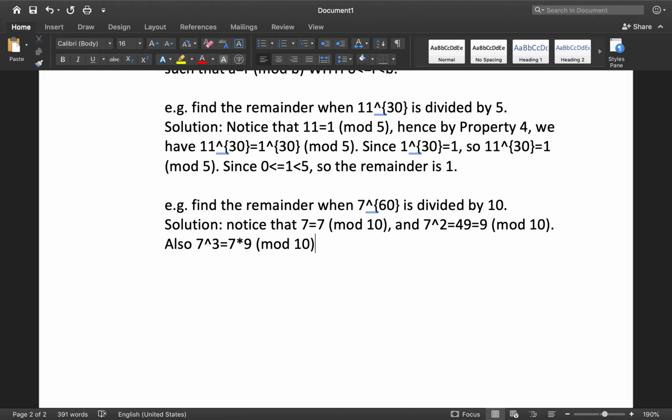But that's not enough, because you can do a few more steps. For example, you can multiply 7 by 9, you get 63. Now 63, you can take congruence modulo 10, and then you will get back 3. So that means after you take the congruence, 7 to the power 3 is just congruent to 3.